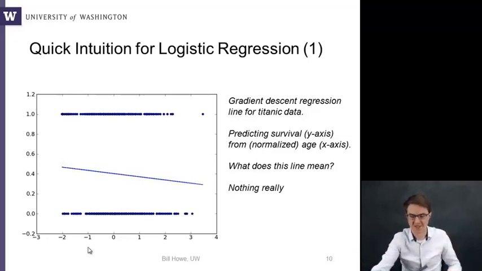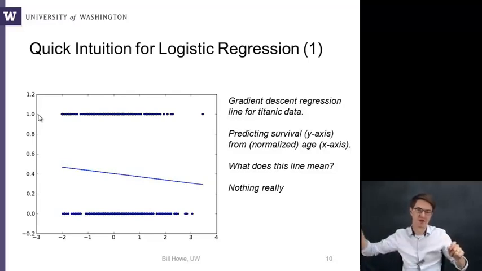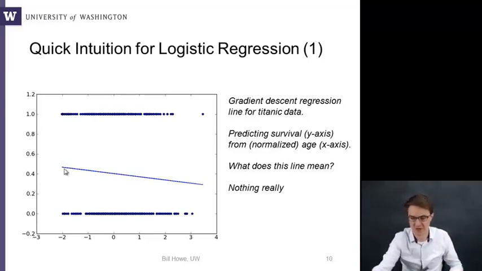And on the y-axis is just 0 if they did not survive and 1 if they did survive. Now if you just run regression, maybe we could say, well, hey, look, we're gonna create a line and then use that regression line to predict whether someone lived or died. Well, this is the regression line that the gradient descent procedure finds.